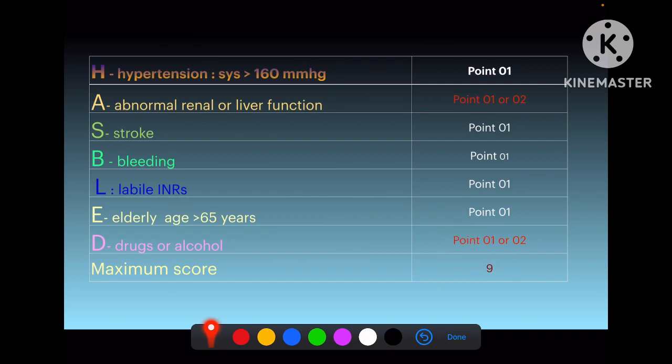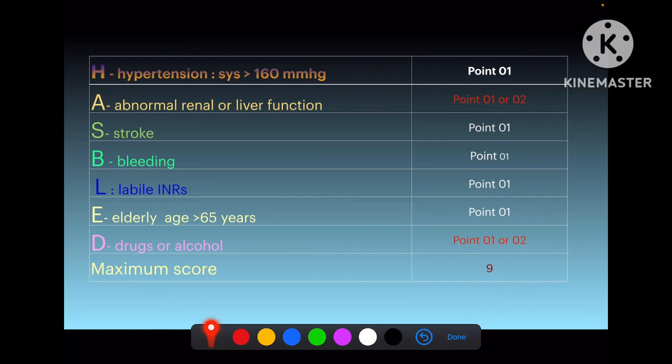On top of that, if your patient is a regular alcohol consumer, then you have to give 1 point for that risk factor. So in total you can gain 2 points from this D component. Maximum in the HAS BLED scoring system you can gain 9 points, right?